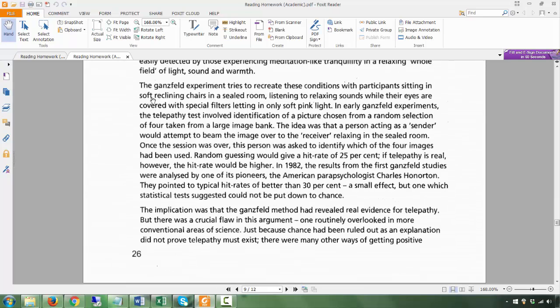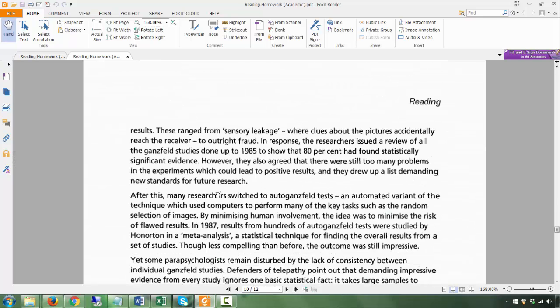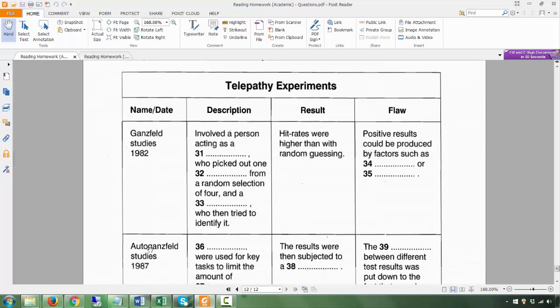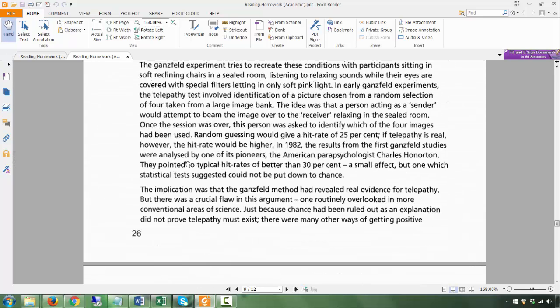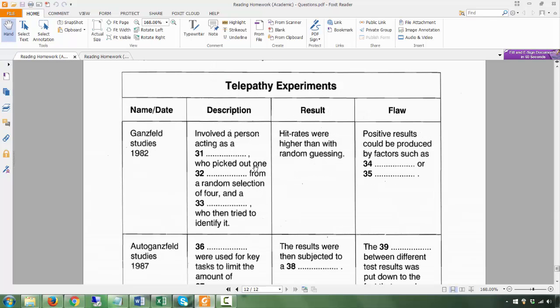Around here, the answers go up to here, pretty much. After that, you have the Otto Ganzfeld studies, which come from here onwards. So it's around that same portion, and as I mentioned, normally it's in order, not always, but at least it's in the same location.